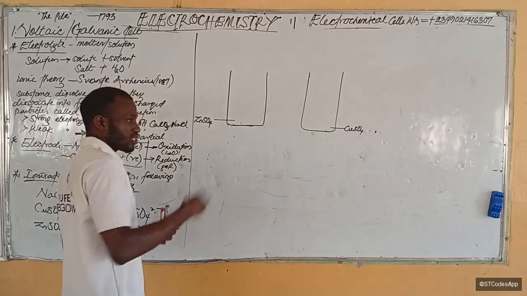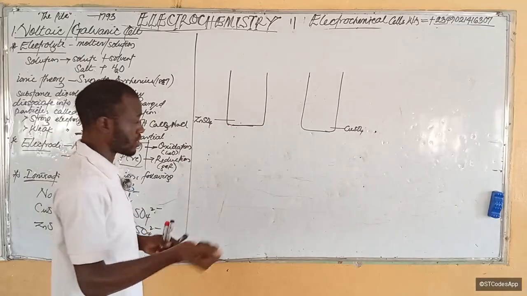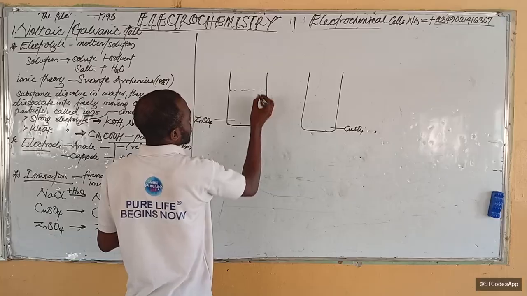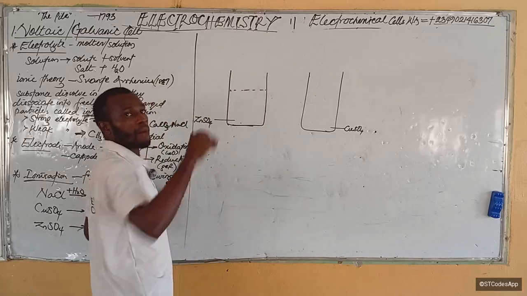Now, how do you put zinc sulfate here? You know zinc sulfate is going to be a powdery salt. What you do is you add water, pour your salt inside and mix it.